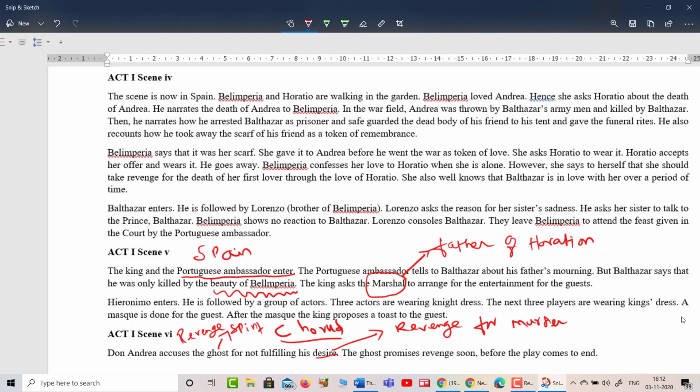The Act 1 comes to an end. So you can see a short summary of what happens in Act 1. So Act 1 opens with the ghost scene in hell. After the murder of Andrea, Andrea is stopped from passing the river, and after the funeral rites are given, Andrea crosses the river.